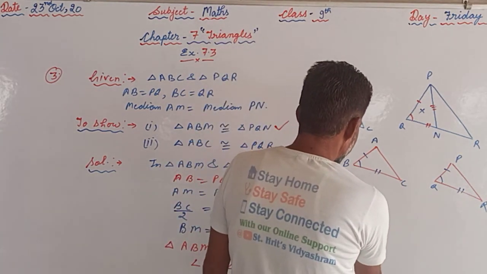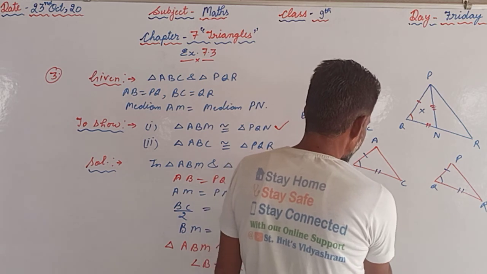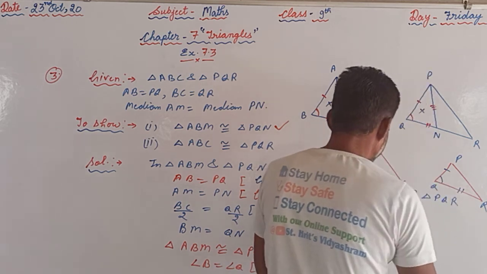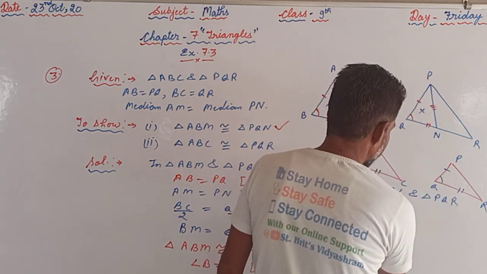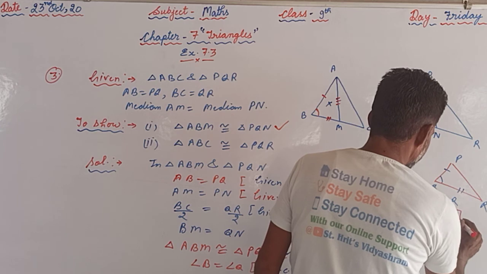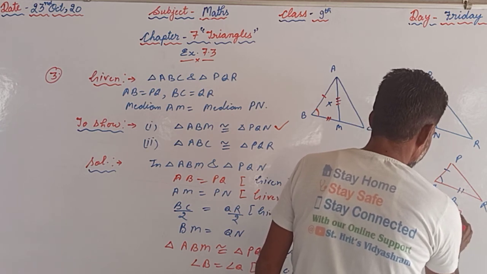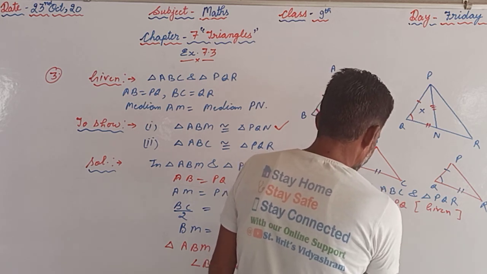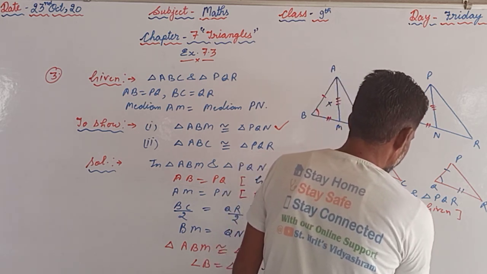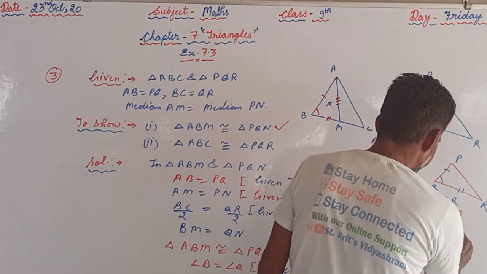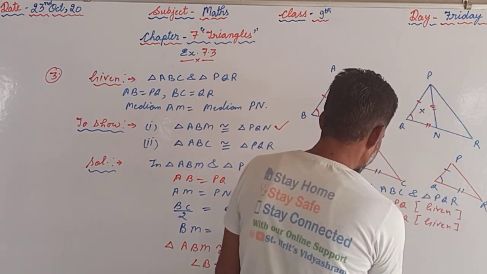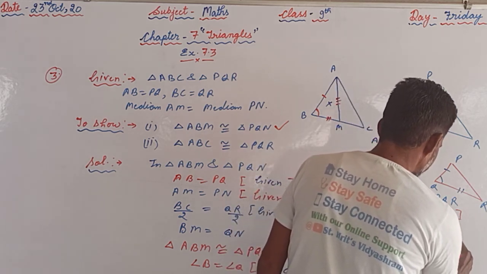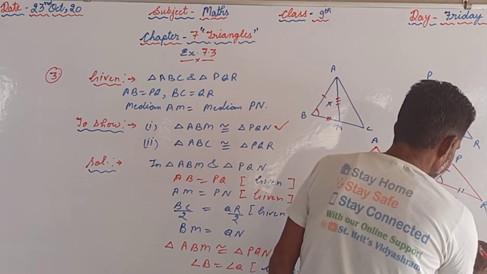So now for the second part, in triangle ABC and triangle PQR, AB is equal to PQ, that is given, and BC is equal to QR, again that is given in the question, and we have proved that angle B is equal to angle Q in the first part.